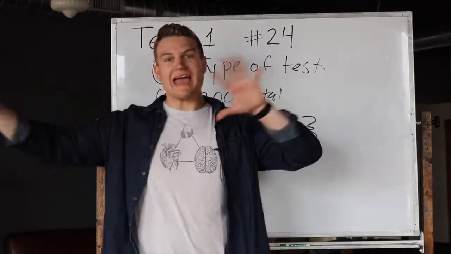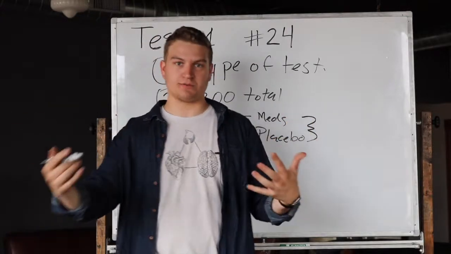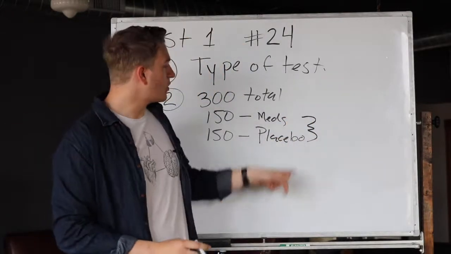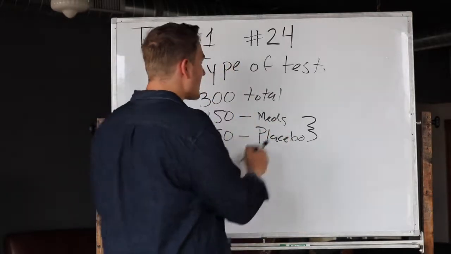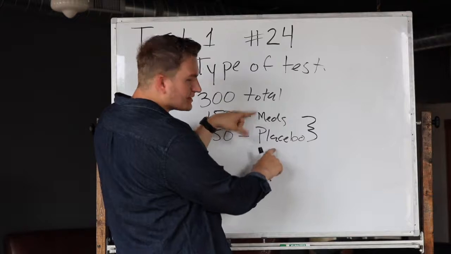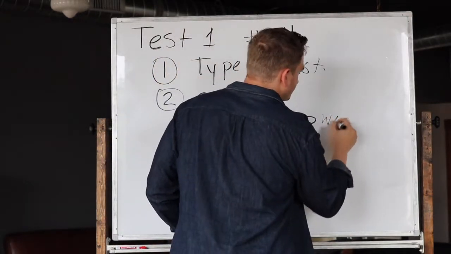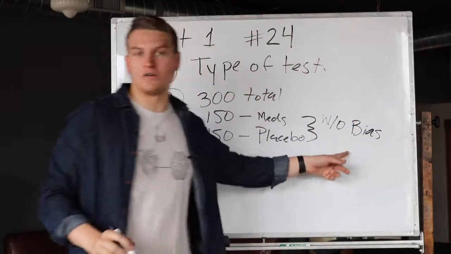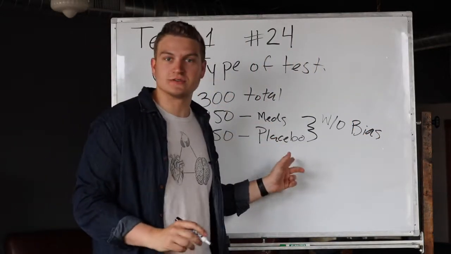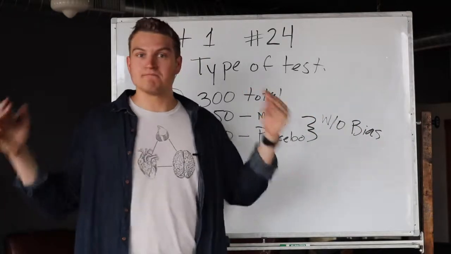There were no outside forces. This computer randomly distributed numbers to people, and those numbers determined whether or not they got the meds versus the placebo. So we could say that the medication versus the placebo were chosen without bias, right? There was no bias involved in the distribution of the medications and the placebos. Totally random, right? No bias means it's random.